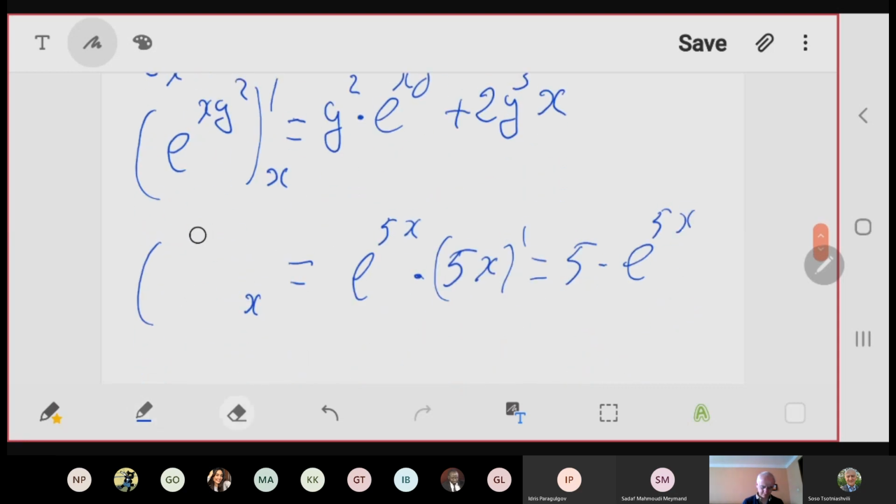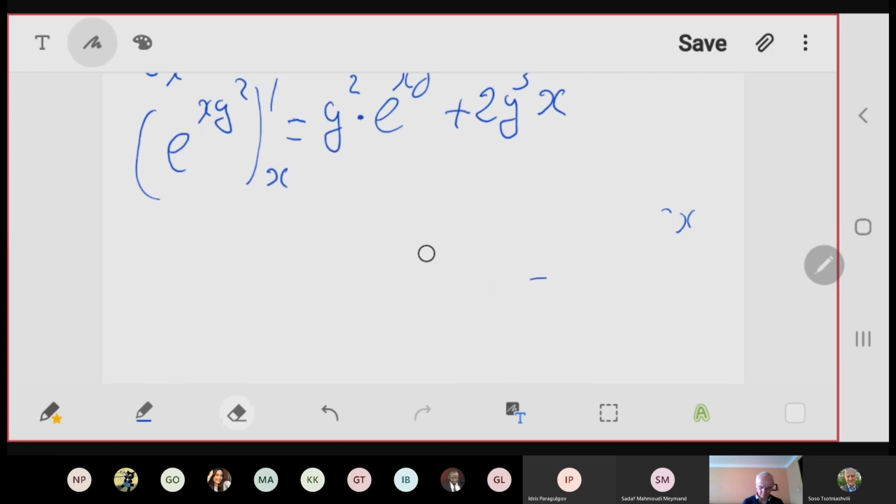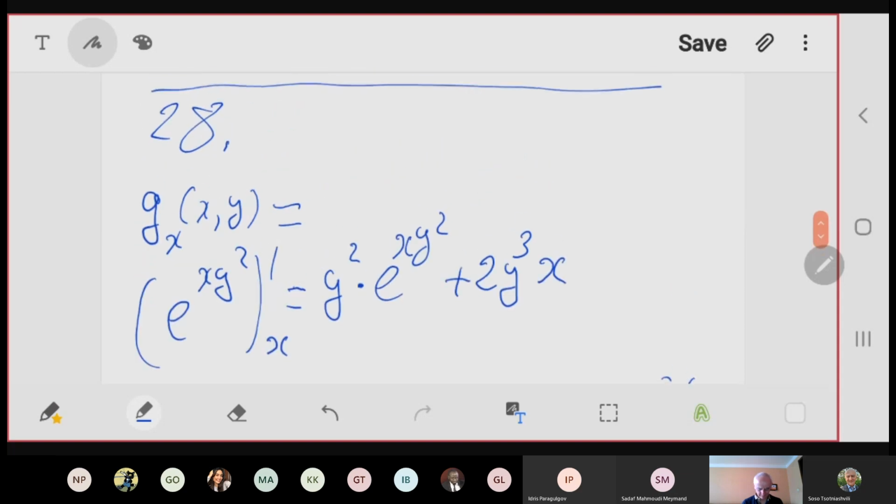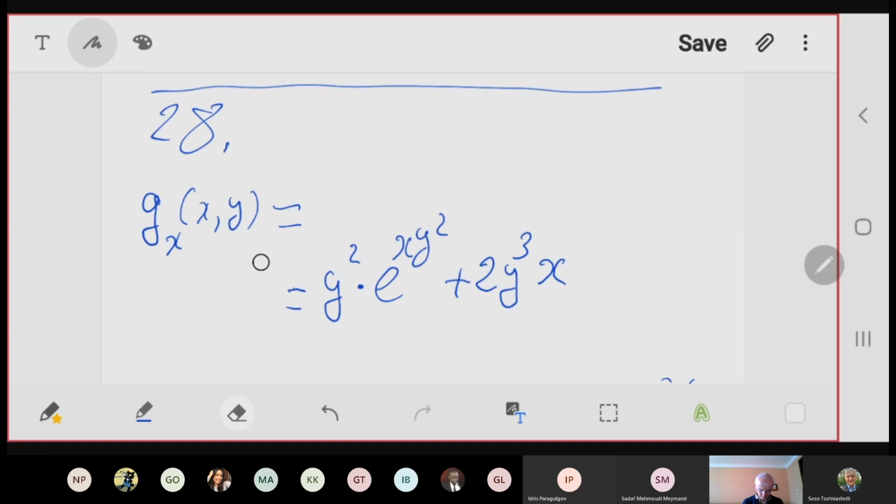Any thoughts? As for the partial derivative with respect to y, this is what I wrote down.